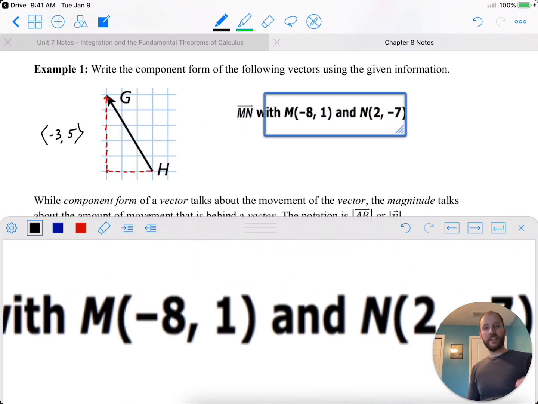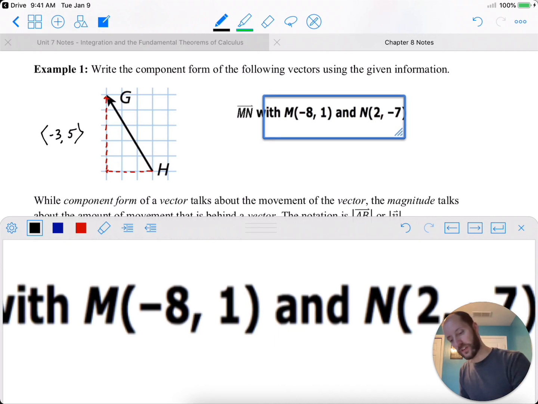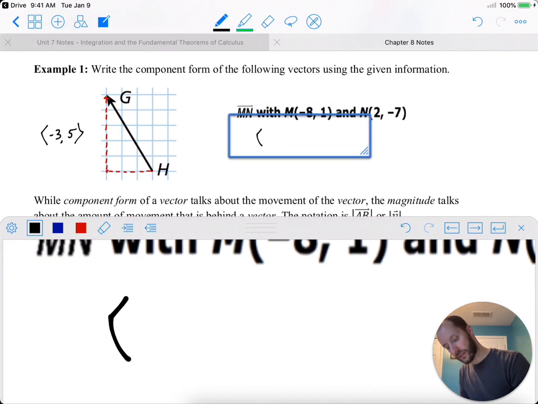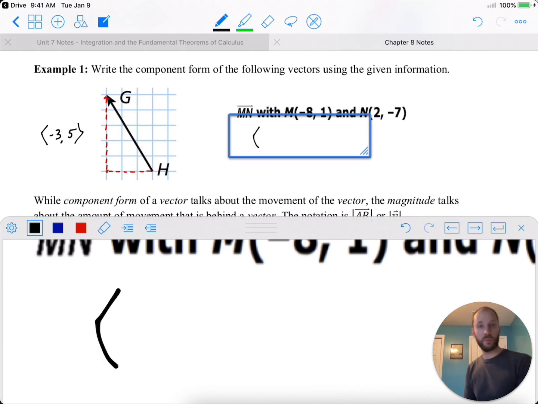Vector MN, initial point M, terminal point N, going from negative 8 to 2, and then going from 1 to negative 7. So one way you can do this, you can find the difference between the points. Terminal minus initial.